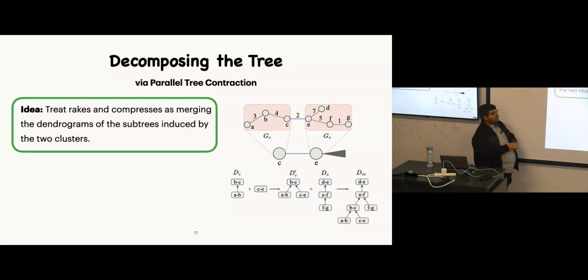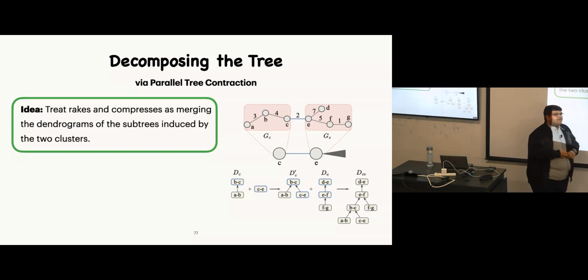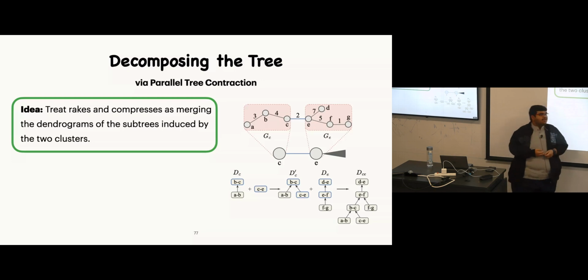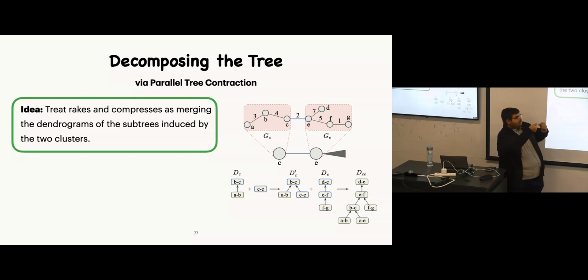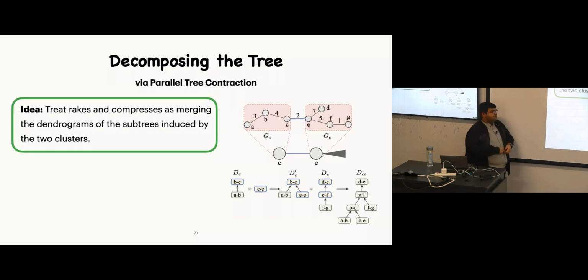You can view this merge as a two-step process, where first you add the edge CE to the subtree on cluster C. You treat the edge CE as its own subtree and merge it with GC while merging the dendrograms.